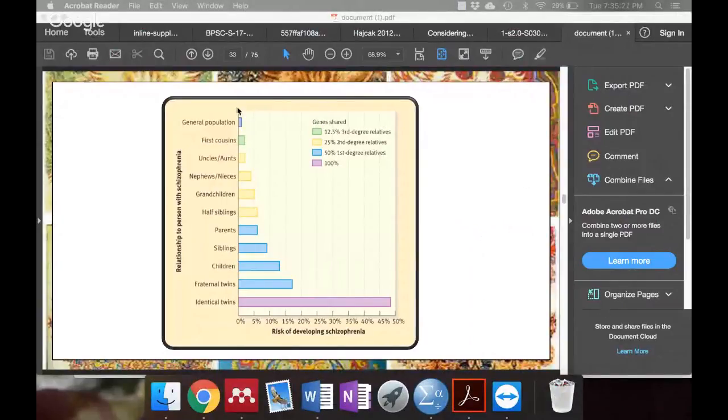So the blue is risk for the general population, and as you can see, it's pretty low, around 1%. And then second-degree relatives are in yellow, third-degree relatives are in green, and first-degree in blue.